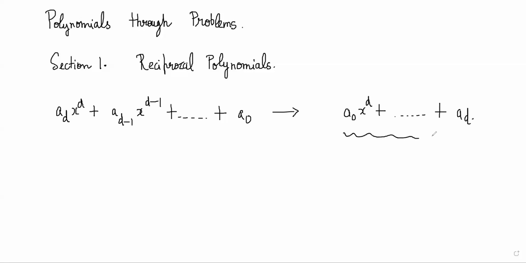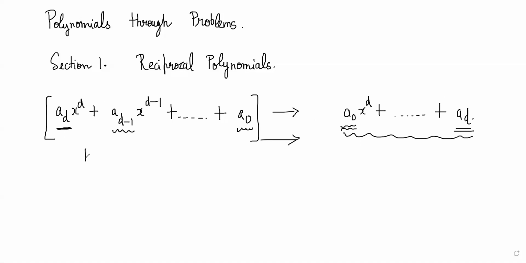So what has happened here? In this polynomial, the order of the coefficients has been reversed. Here the highest coefficient was a_d, and after that it was a_(d-1), and the constant term was a naught. And here the highest coefficient is a naught and the constant term is a_d, right?